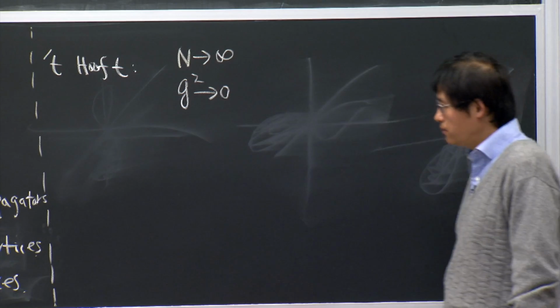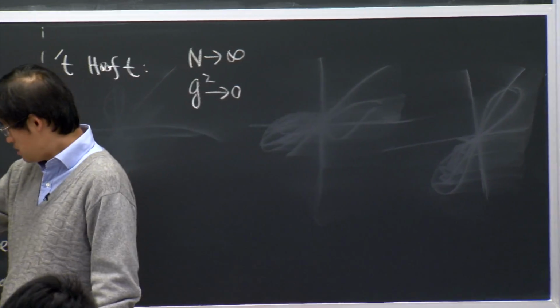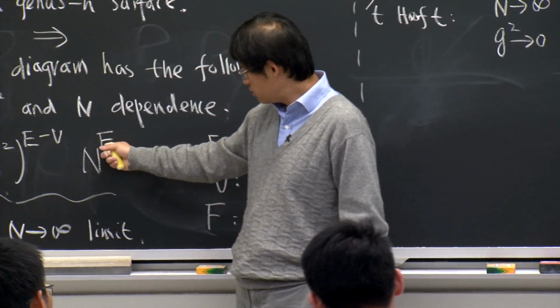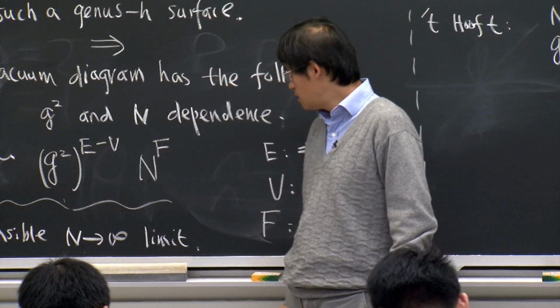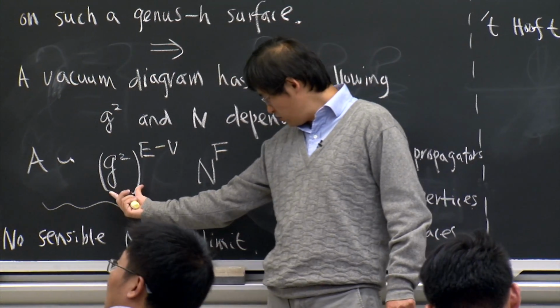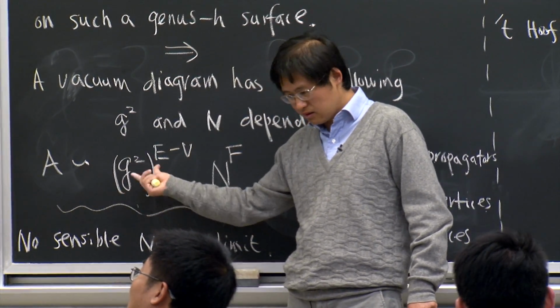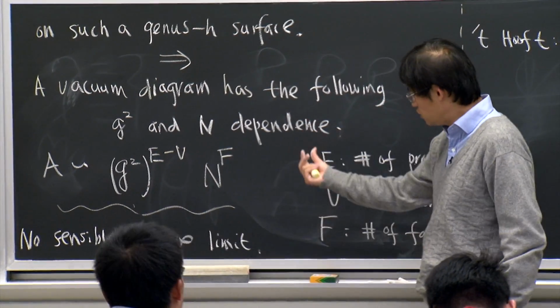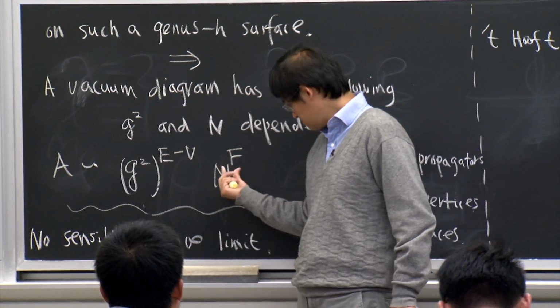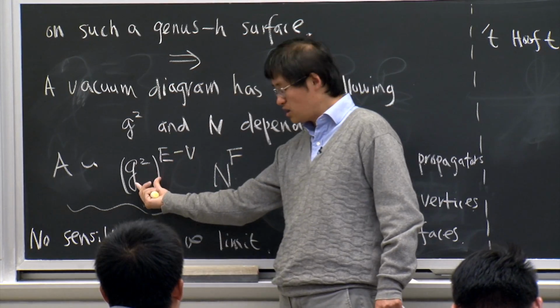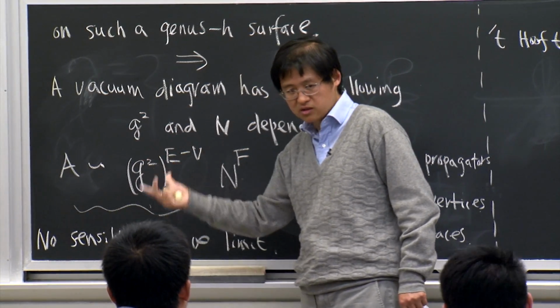Because the problem is that if you have a diagram with lots of faces, and you multiply by a finite number, and then if you take g equal to 0, then you have infinity. Infinity multiplied by something that potentially goes to 0, maybe you will get something finite.